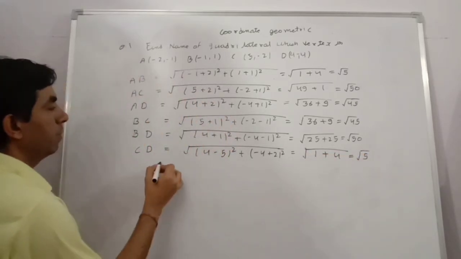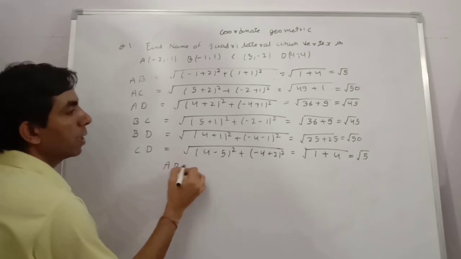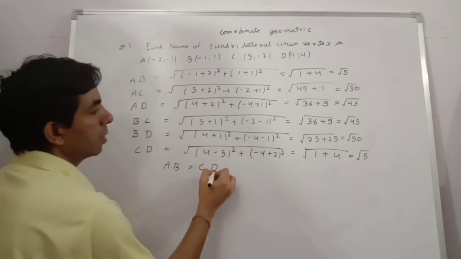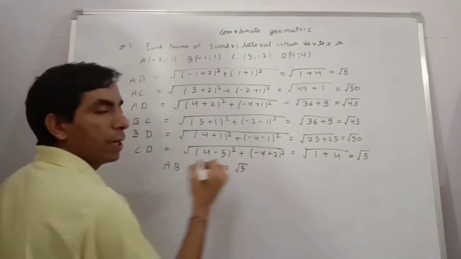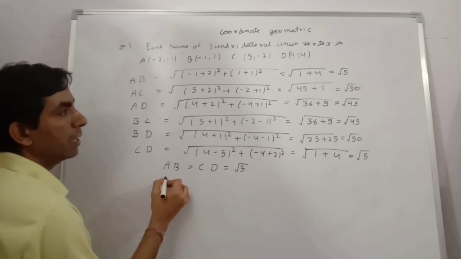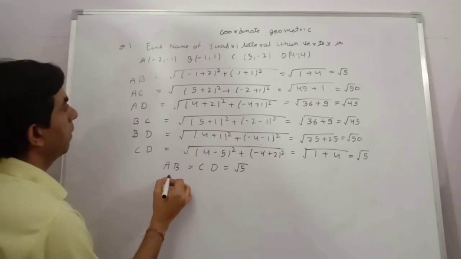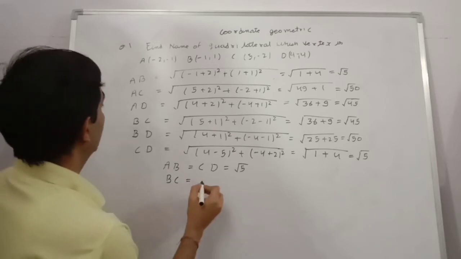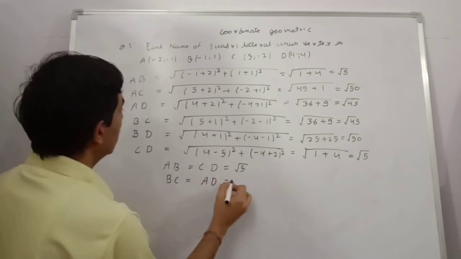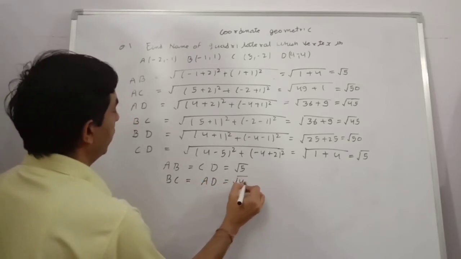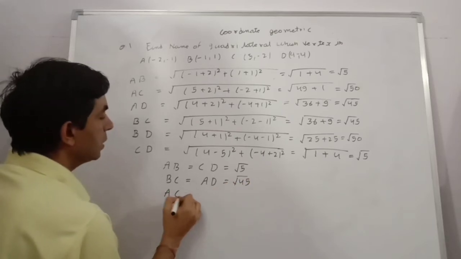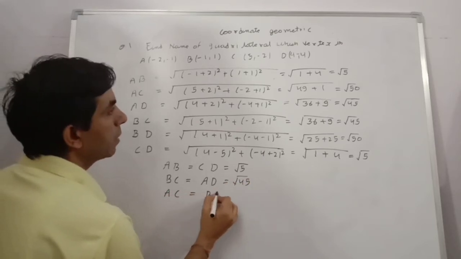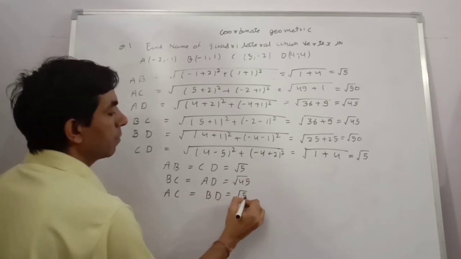Here we see that AB equals CD equals root 5, and BC is equal to AD, which is root 45, and last, AC is equal to BD equals root 50.